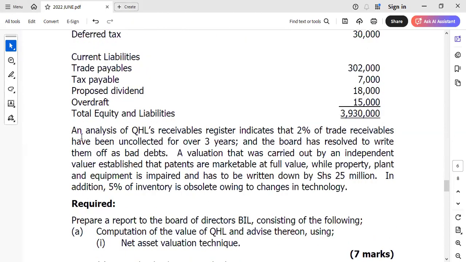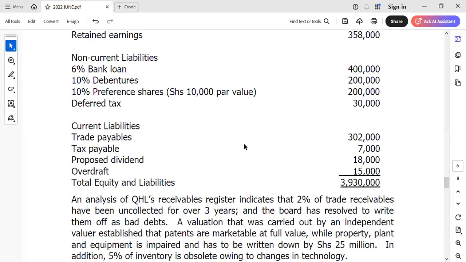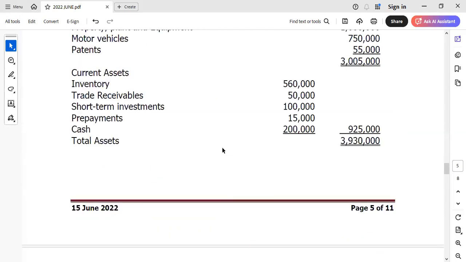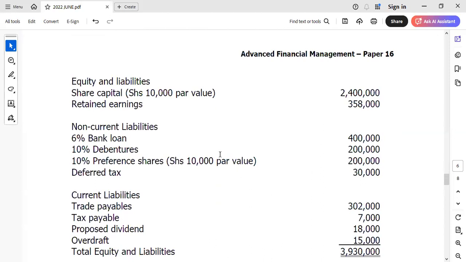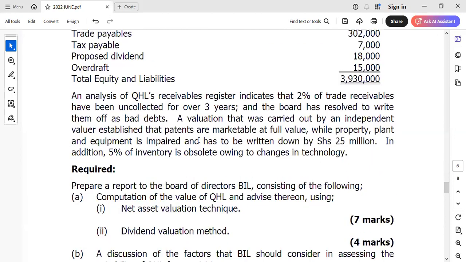Okay. An analysis of QHL's receivables register indicates that 2% of trade receivables have been uncollected for over 3 years. So we are going to do some adjustments. As you get your net asset, you will need to do some adjustments, especially if you have information in the additional information.